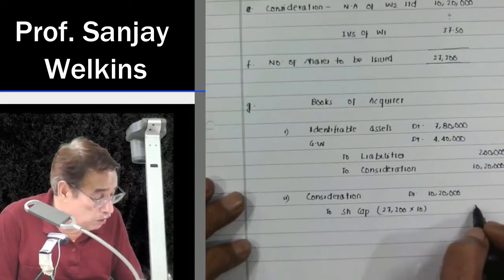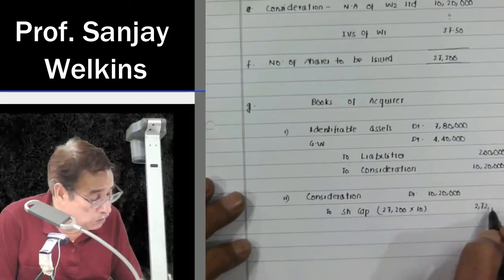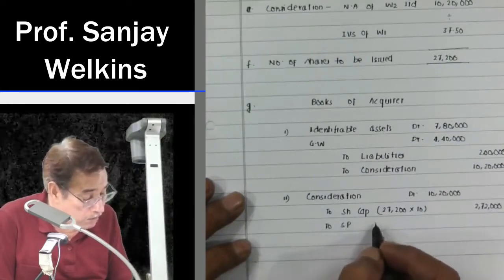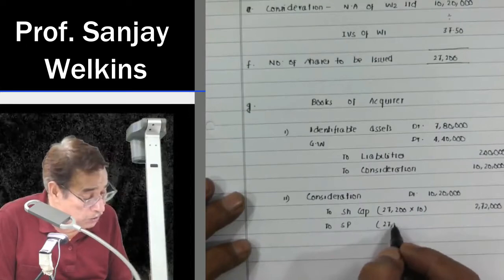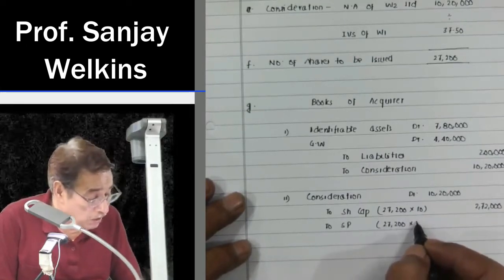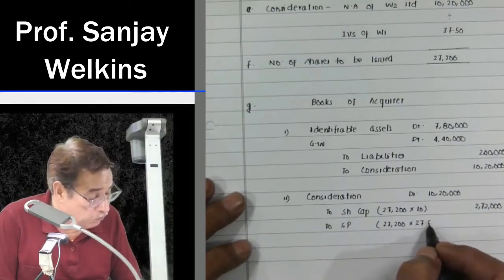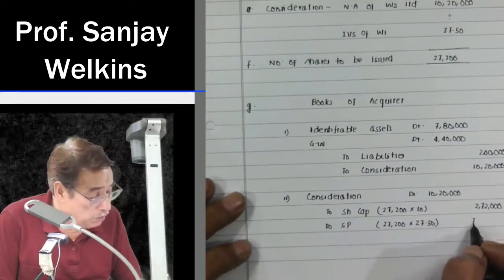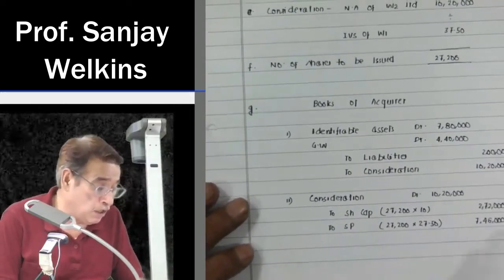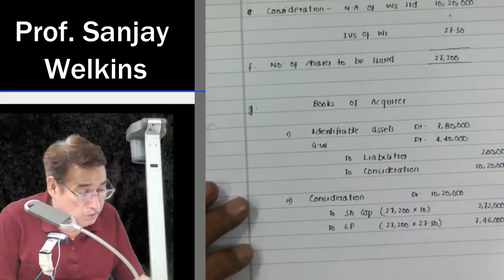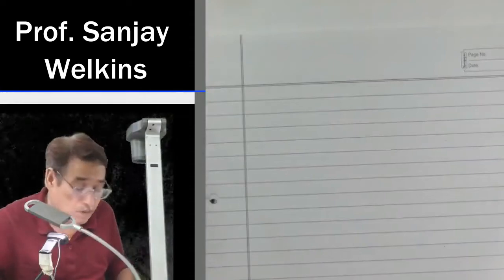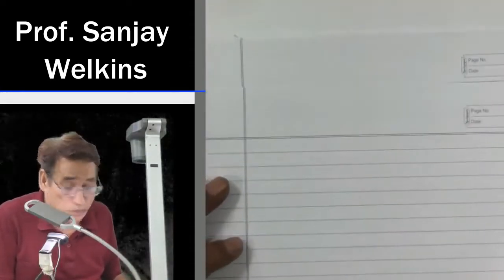So that will be equal to 2,72,000. Then you will have to write here securities premium, 27,200, because you are offering your share at a rate of 37.50. That means premium is 27.50. So that will be equal to 7,48,000. This is how the entries will have to be done. And then, the question had also asked to prepare the balance sheet.